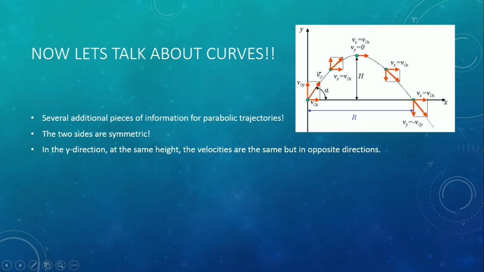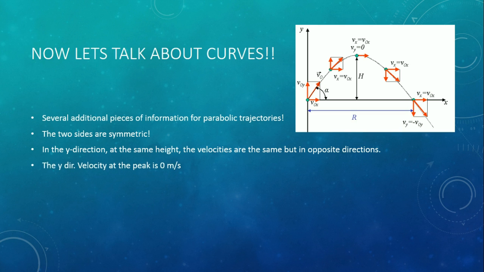Remember, gravity is always conservative. And same thing at the ground, the initial y component is the same as the final y component, except that they're opposite signs. So in the y direction, at the same height on either side, they're the same magnitude, or the same speed, but opposite direction. One's going up, the other's going down.